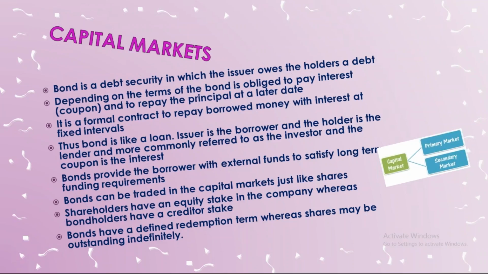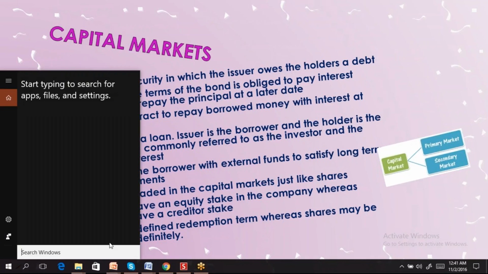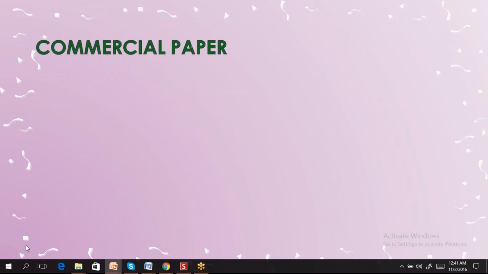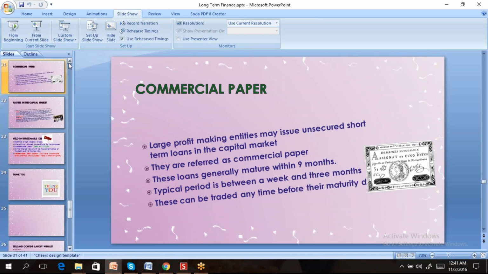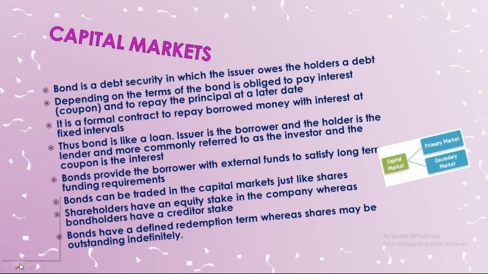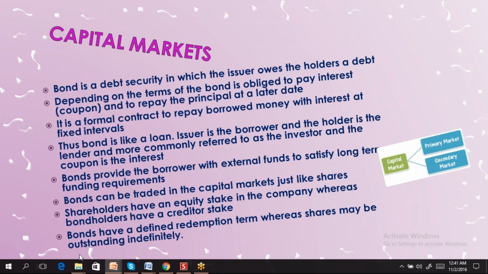On the bonds, the interest is paid. Unlike dividends, where you pay a dividend per share, here you pay a percentage on the nominal value. So you remember we discussed this in the preference shares. Preference shares we pay a percentage on the nominal value. Similarly, for the bonds, the interest is always a percentage on the nominal value.